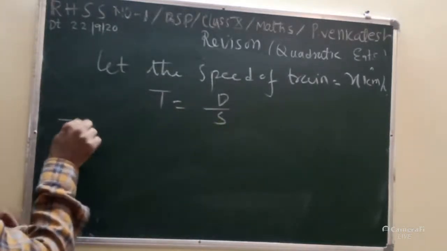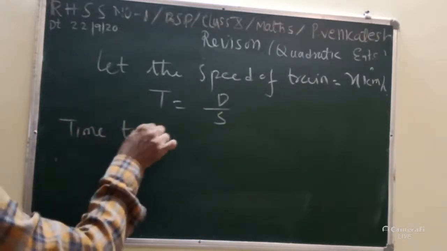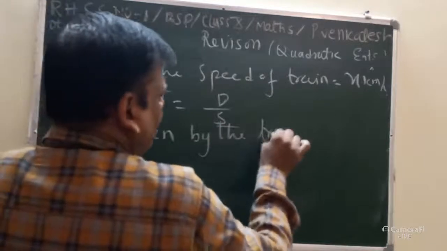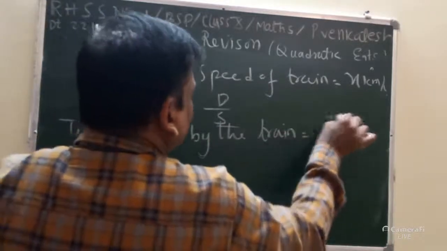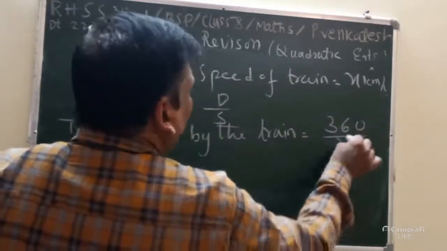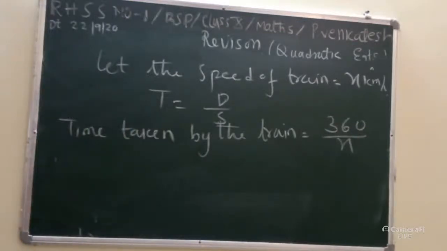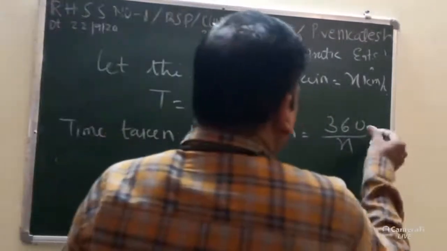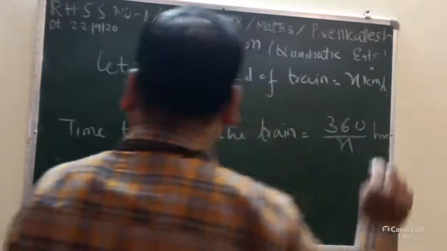So the time taken by that train equals the distance, 360, upon the speed of the train, x. The time taken by the train equals 360 by x, and this will be in hours.